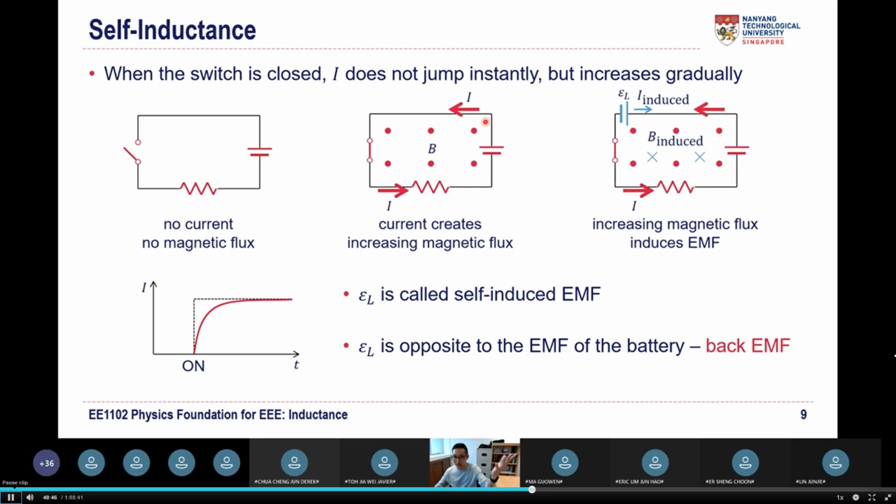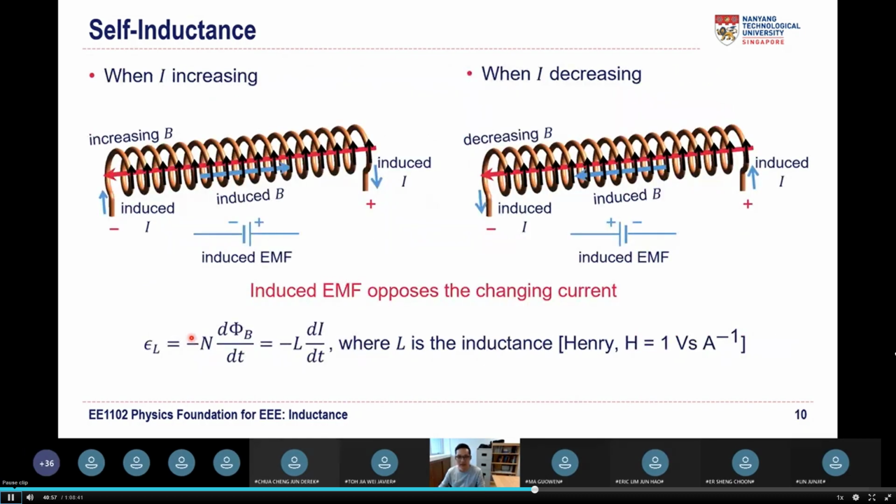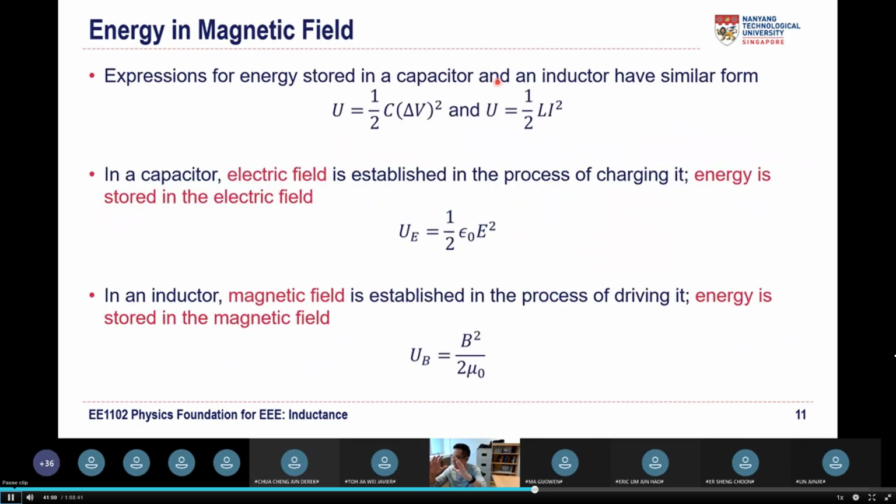Because we supply enough energy from the cell, but then energy just disappeared during this time. That energy, in fact, was used in creating the magnetic field. So the magnetic field is storing the energy that was lost because the current wasn't jumping to the maximum from the beginning, right?